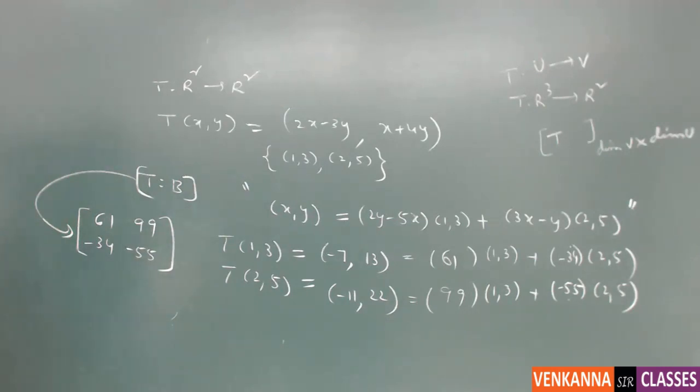That's why we should be careful whether only one basis or two bases are given, and whether they are distinct or same. I have also given one more thing: if no basis is specified, then we should always take the standard basis.